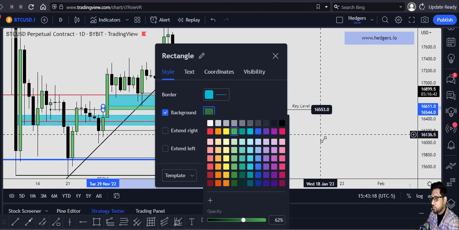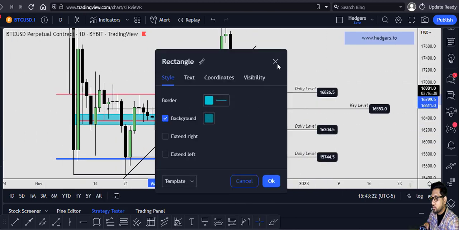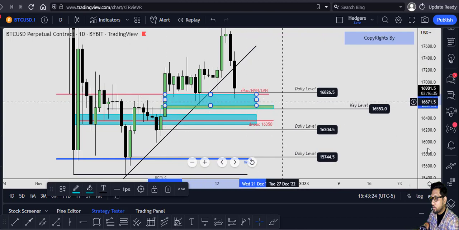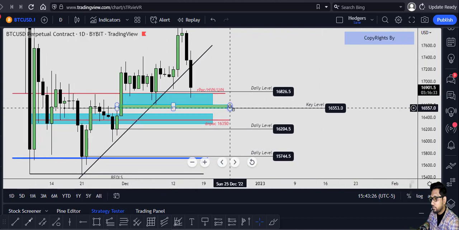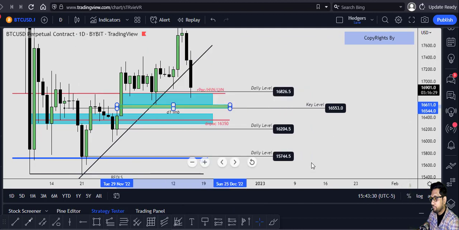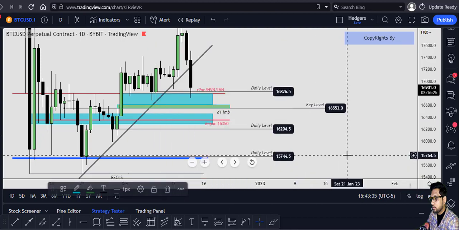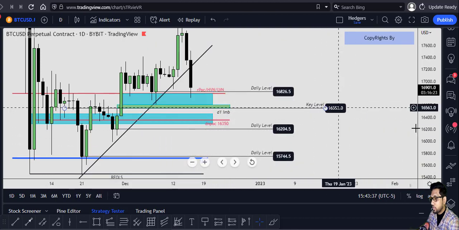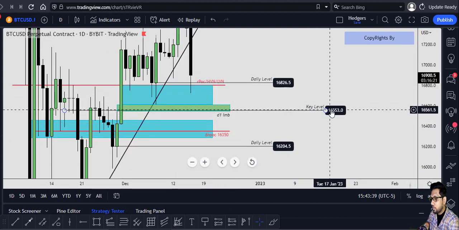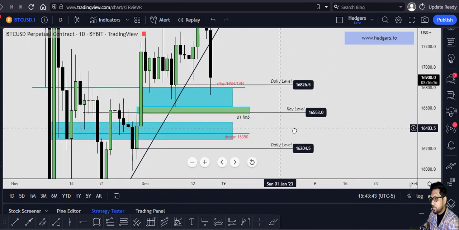We'll make it green, because this is our support box that I just drew for this purpose. D1 center right. Okay, so this is my key level as well, along with this imbalance zone.